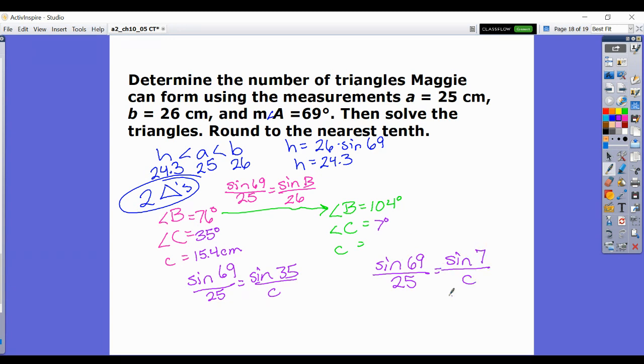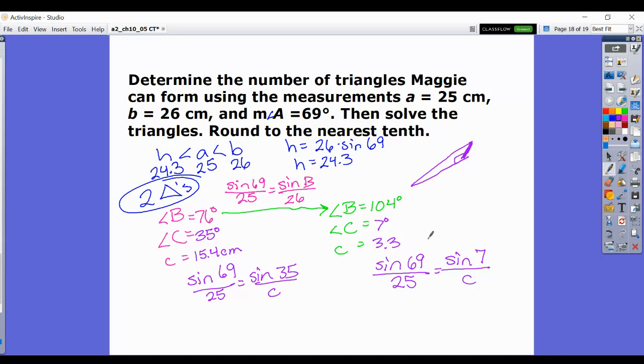So when I cross multiply and divide this one, this is going to be a really small number. It comes out to 3.3. So this triangle has a side of 26, a side of 25, and a 3.3. So there's my obtuse angle. Anyway, that's what it looks like.